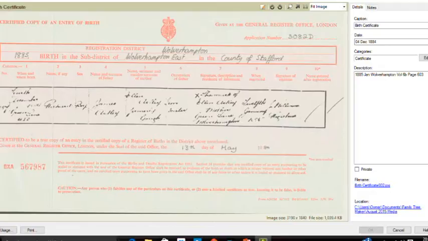In another episode coming up soon, I'm also going to talk about other websites and other means at your disposal to flesh out your research. One thing in particular that I love doing is purchasing maps of the period.